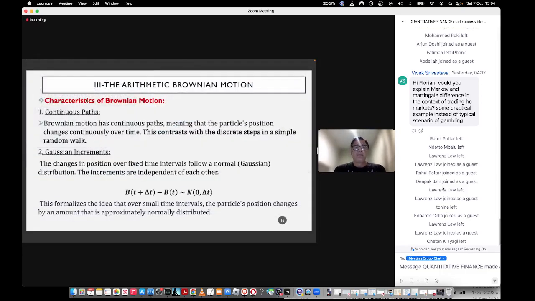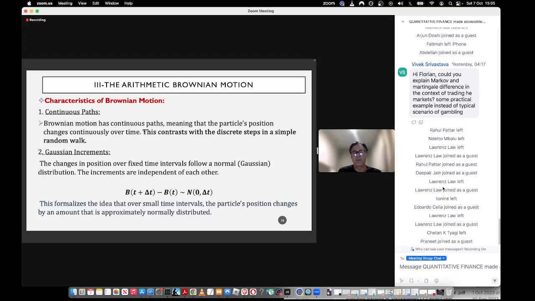The characteristics of Brownian motion: continuous paths. What does continuous mean? You can follow a line, and there won't be a cut in the middle. It's continuous, but what is really observable and interesting is that it's not differentiable anywhere, like I said before. So the Brownian motion has continuous paths. It means that the position of the particle, the stock or the walker will change continuously over time.